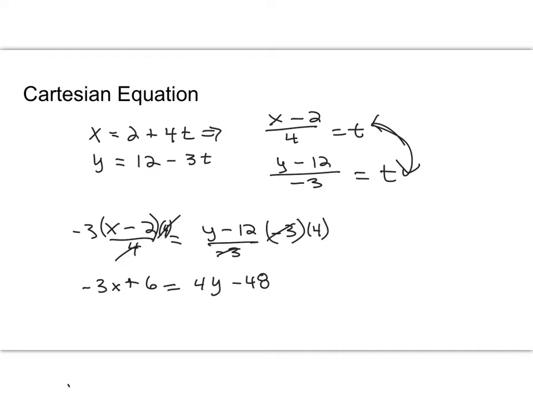And when I put this in standard form, let's see, I get 3x plus 4y equals 54. And that's the Cartesian equation for that vector.